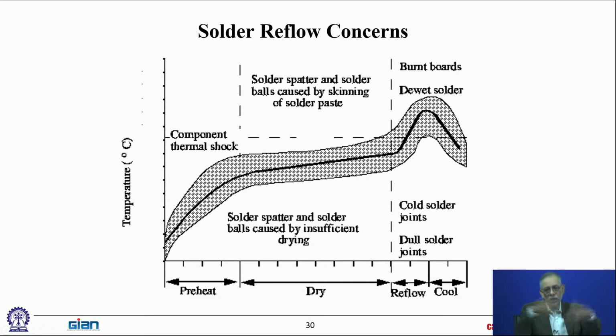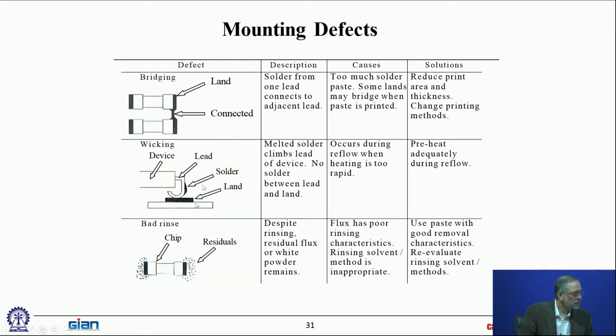So if that binder explosively volatilizes, then all these little particles get released and you get solder splatter. So that's what you're seeing over here, solder splatter. So that means your preheat cycle was not good, or B, you did not clean them off properly, bad rinsing.